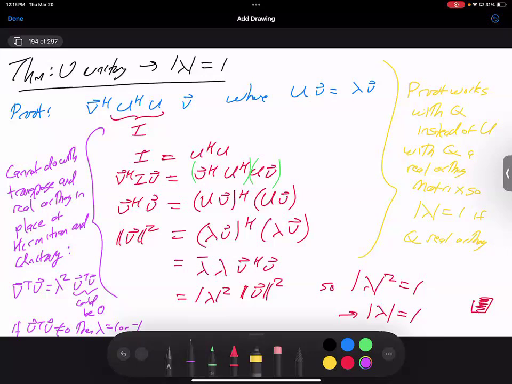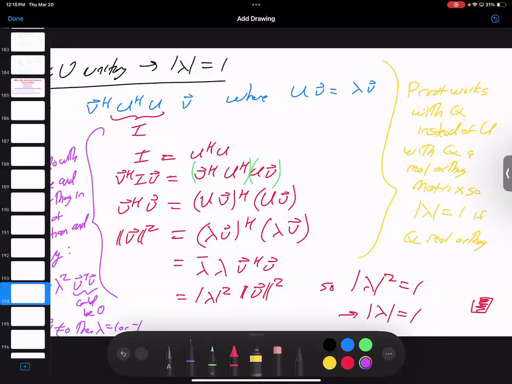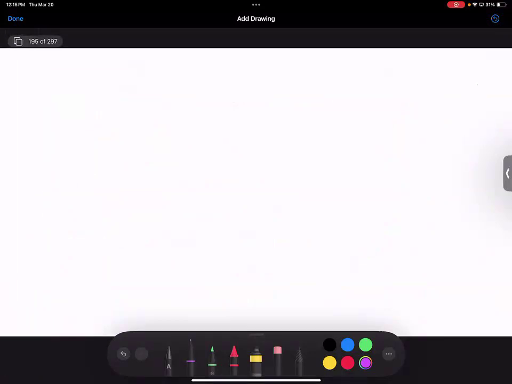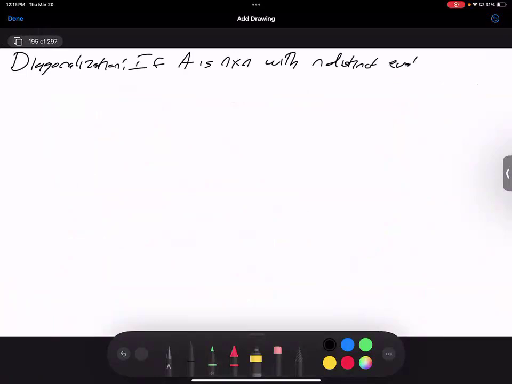Can you prove that you can diagonalize any real symmetric matrix? So the big question is diagonalization. If A is n by n with n distinct eigenvalues, it's diagonalizable.